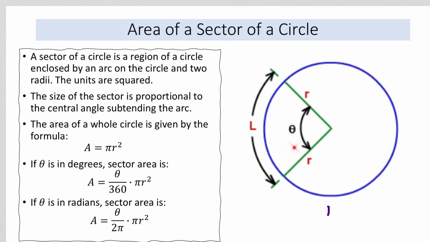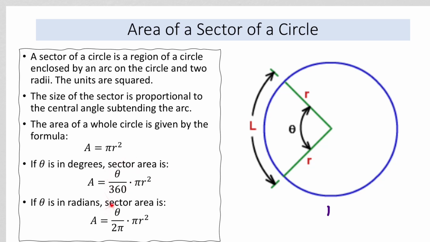All right, so the way that we do that is we proportion the area of the entire circle by the amount in the sector, theta, over the entire amount, 360 degrees if we're working in degrees, or 2 pi if we're working in radians.